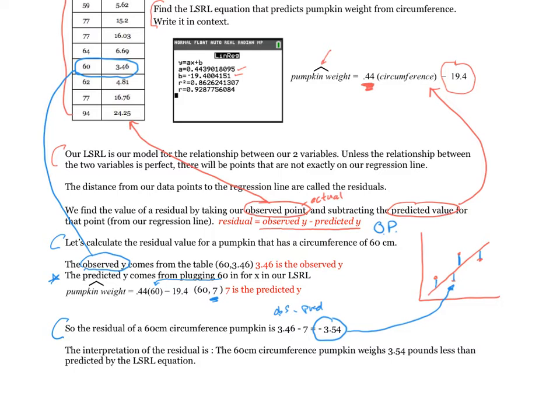Okay? A negative residual tells you that the actual pumpkin was less than predicted. A positive residual would say that the actual pumpkin was more than the prediction line predicted. So interpretation of the residual at the bottom here, the 60 centimeter circumference pumpkin weighs 3.54 pounds less than predicted by the equation.